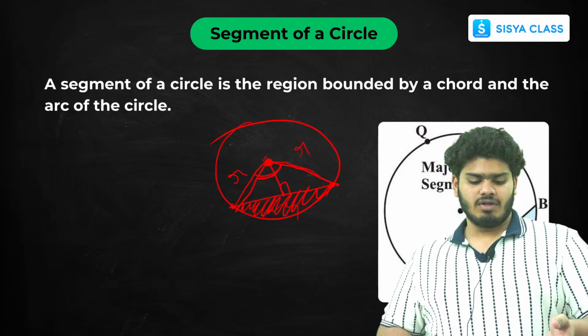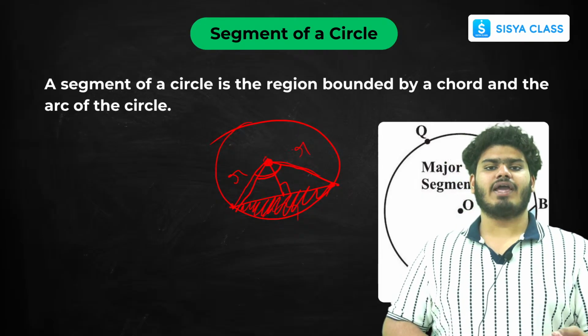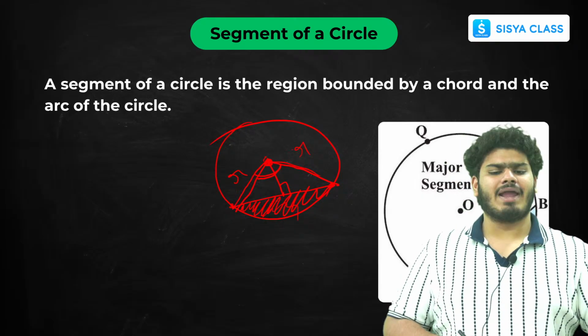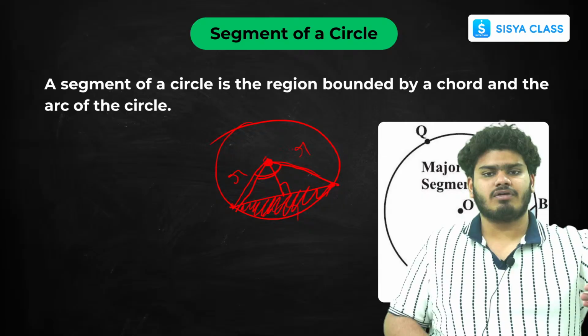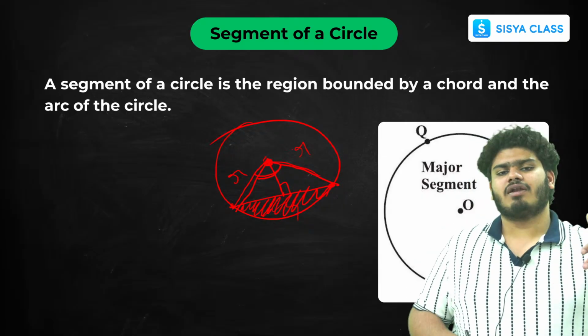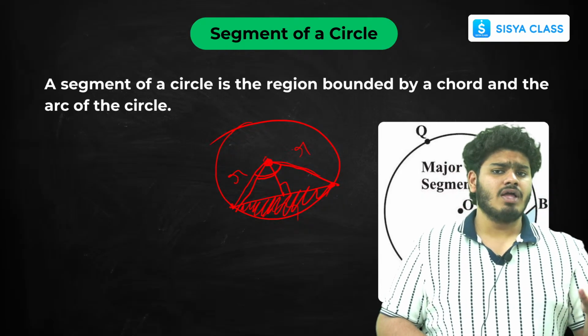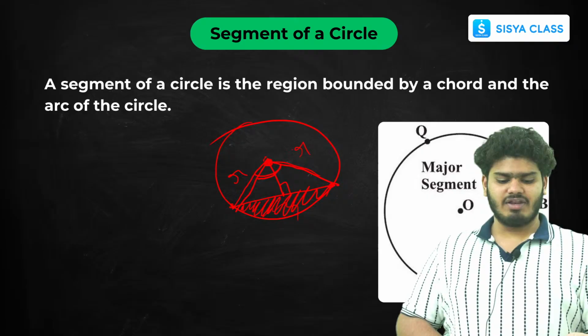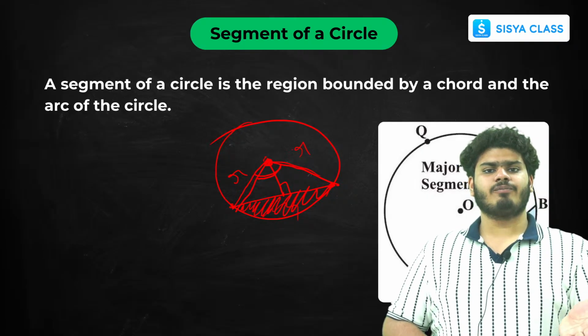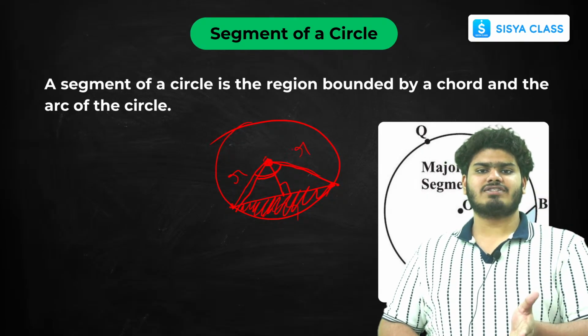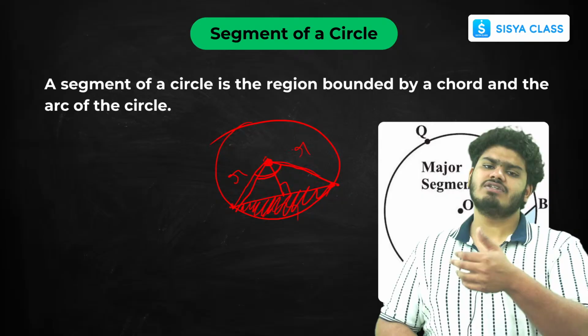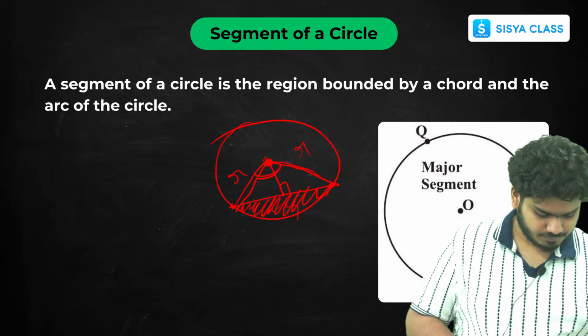Then you will be easily able to find the area of the minor segment. If you want the major segment, if you know the area of the minor segment, it will be easy to find the major segment by subtracting the area of the minor segment from the complete area of the circle, right?